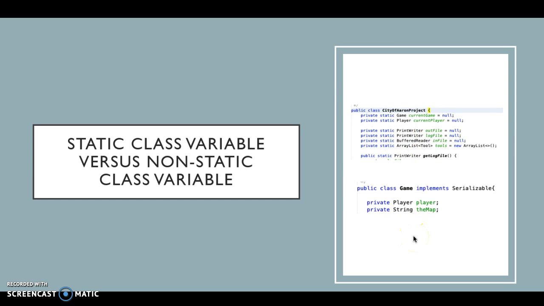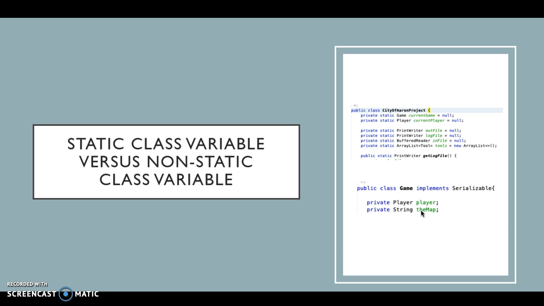What is different with this snippet down here? The player and the map variable were just declared as private, and they're not static. They're non-static variables.